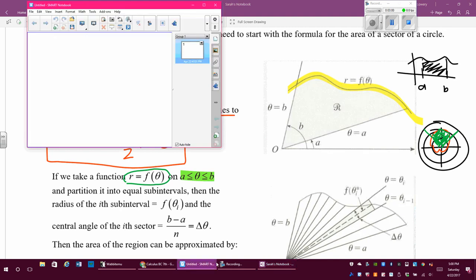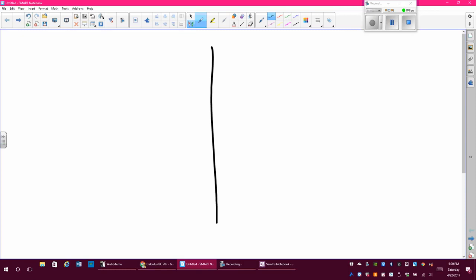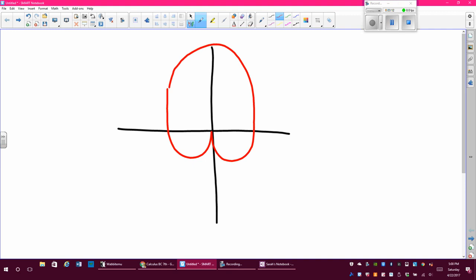Okay, let me give you another example, with a little bit better drawing. All right, here is this cardioid. Instead of showing it on polar graph paper, remember this line right here represents an angle of 0, and this line right here represents an angle of pi.